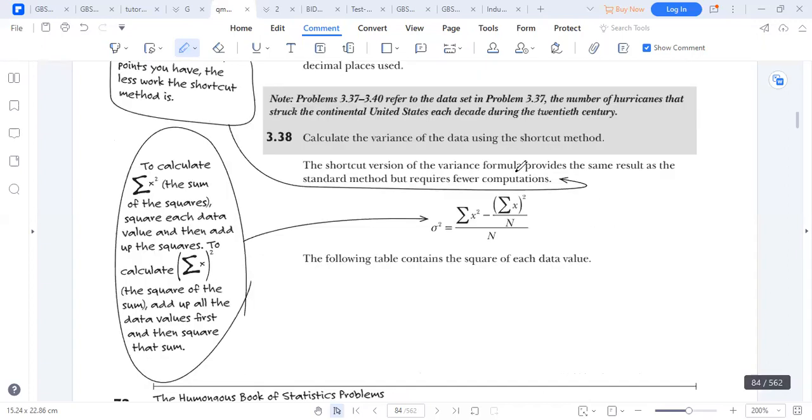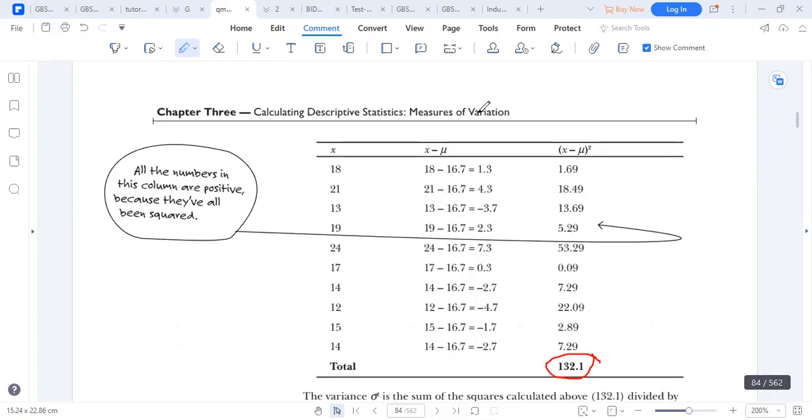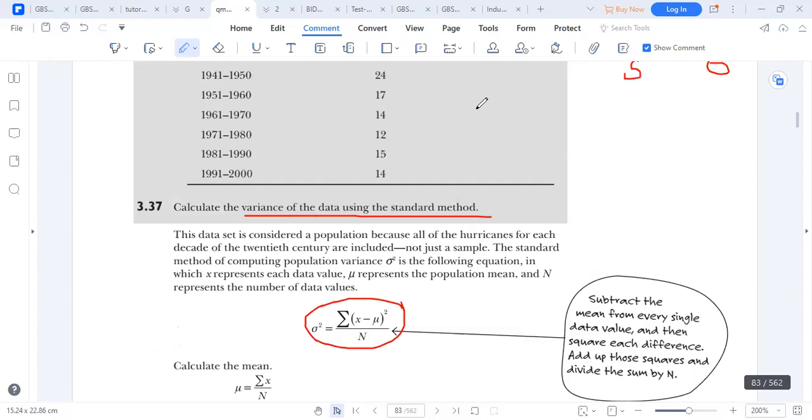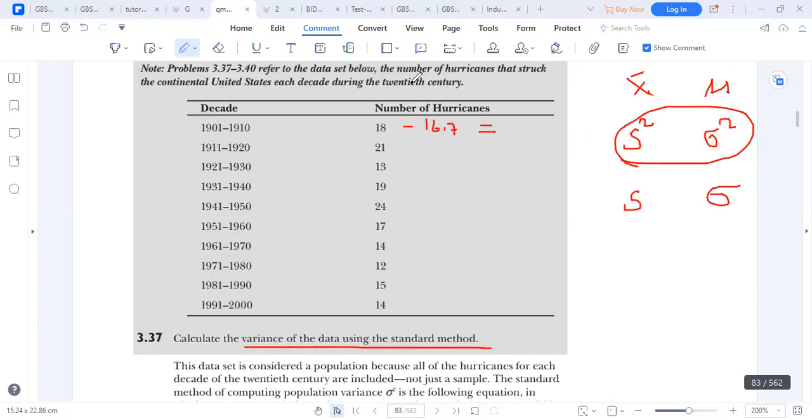And when we go to using this other formula that I like, you don't subtract 1 if it's a population. The question is, how do I know if it's a population or a sample? You'll be told in the question. The information that is given shows the number of hurricanes. It's not a sample out of it.